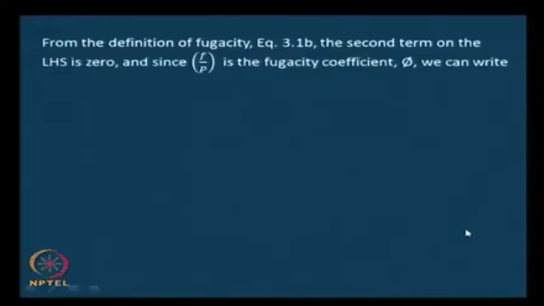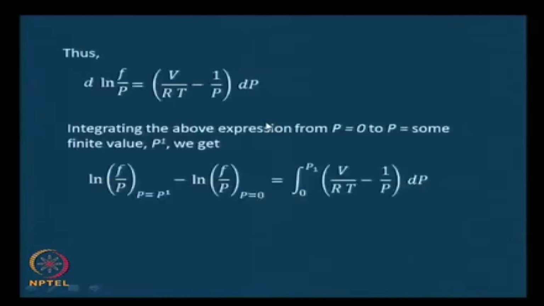Now, let us recall the definition of the fugacity itself. This is again from equation 3.1b. If you look at the definition of fugacity, it will say that f tends to p as p tends to 0, or f by p tends to 1 as p tends to 0, and note that this is nothing but the evaluation of ln of f by p at p going to 0.